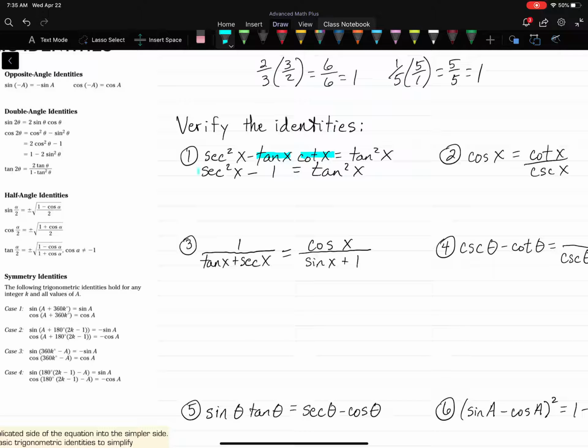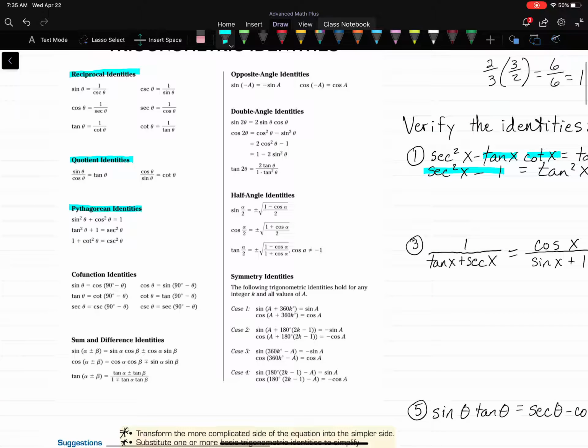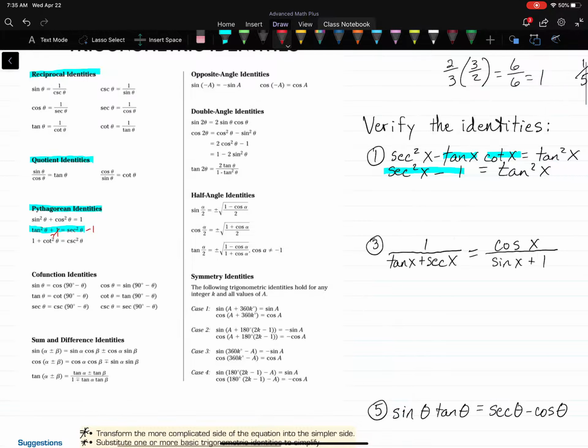Now I have this secant squared x minus 1. Right here, under the Pythagorean identities, I do not have secant squared x minus 1 equals tangent squared x, but I do have tangent squared x plus 1 equals secant squared x. So all I really have to do is move that 1 over, and now I can use that trig identity.